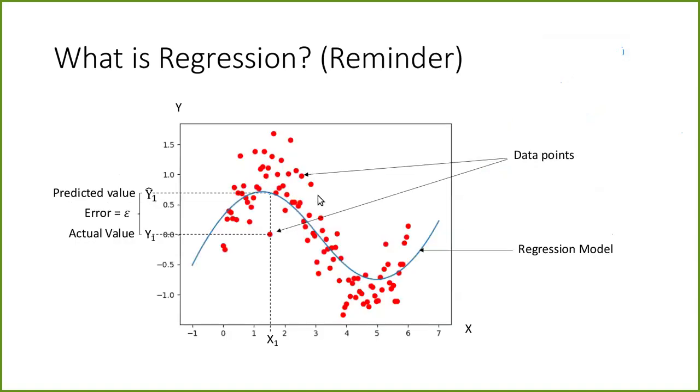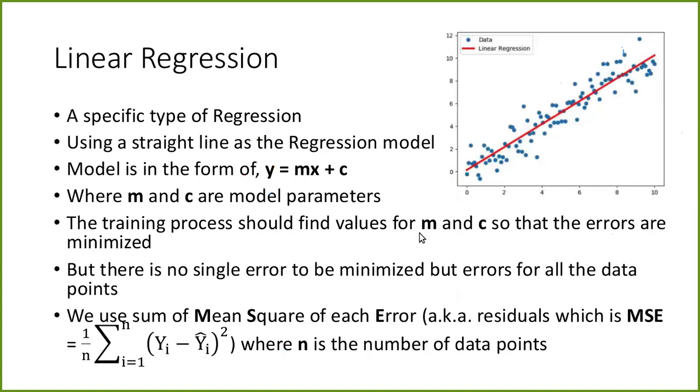In the earlier case, we have seen this regression model is a non-linear curve. But when it comes to linear regression, the linear term means that our model should be a straight line.